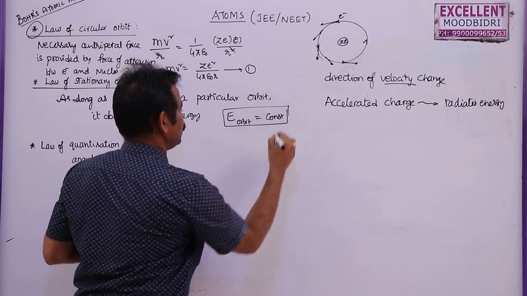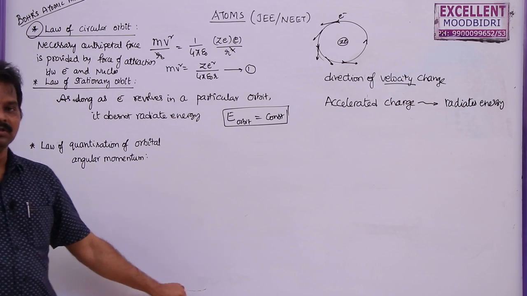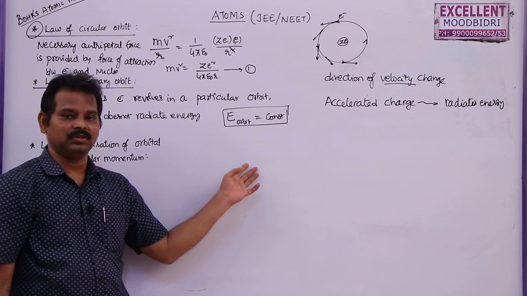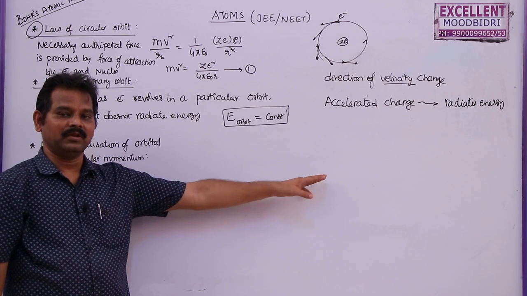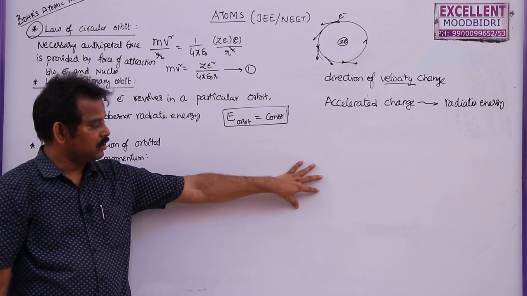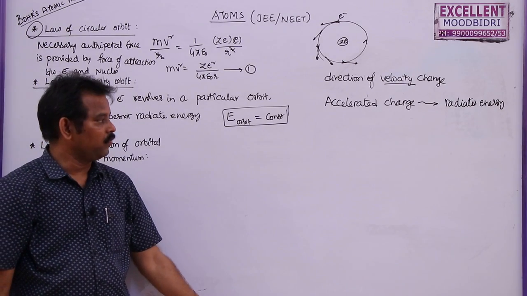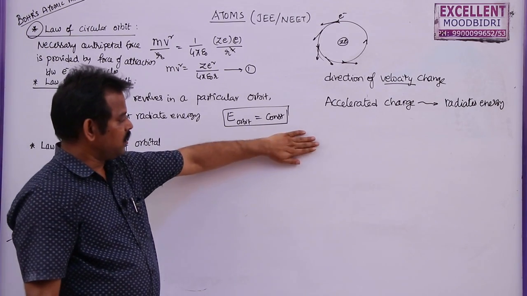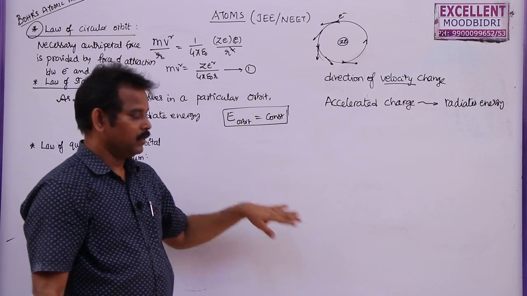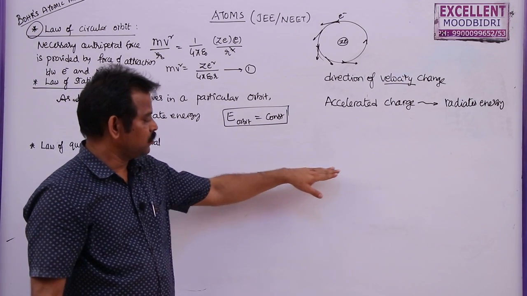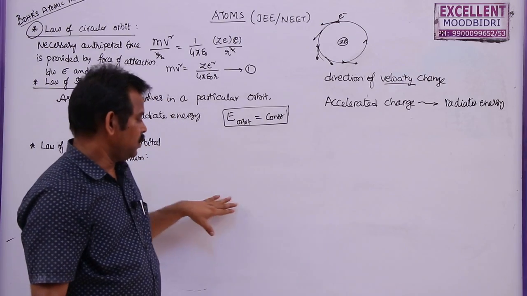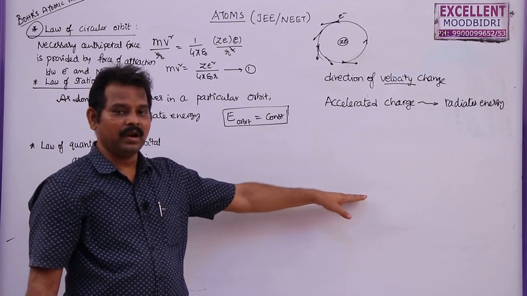But according to electrodynamics, that is electrostatics as well as current electricity, moving charges and magnetism, electromagnetic induction and AC circuits, including electromagnetic waves, we studied that when a charge is at rest, it produces an electric field. When a charge is moving with uniform velocity, it produces both electric and magnetic fields. An accelerated charge produces and radiates energy.